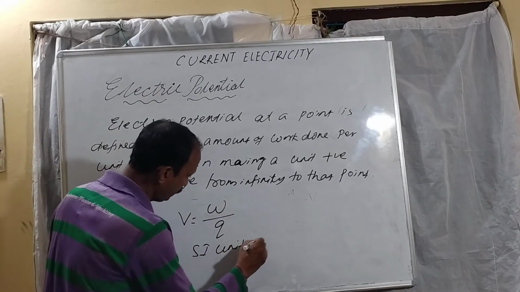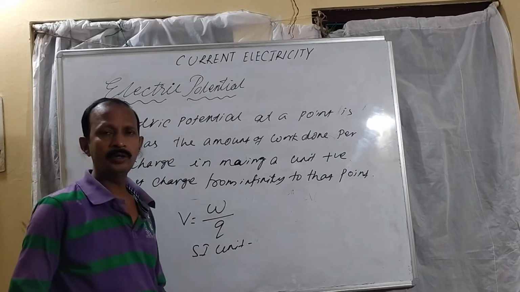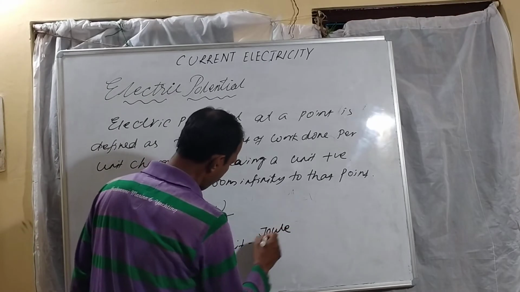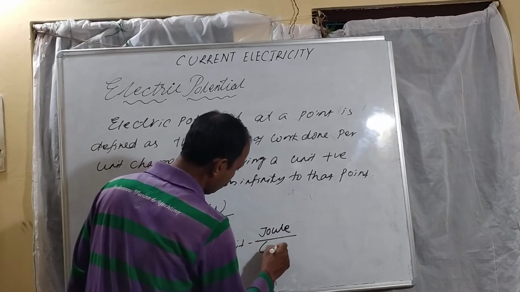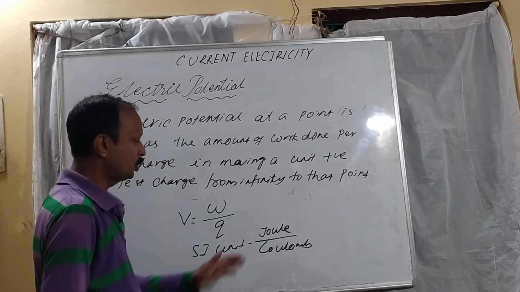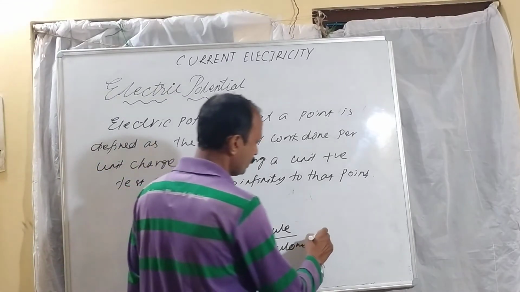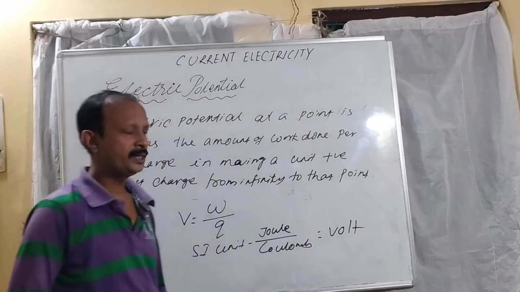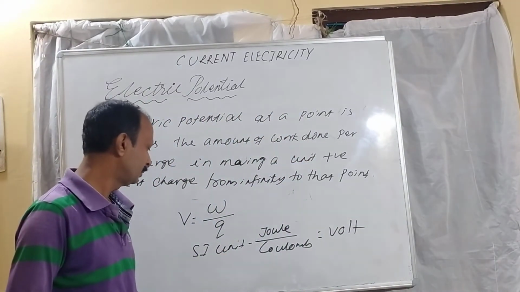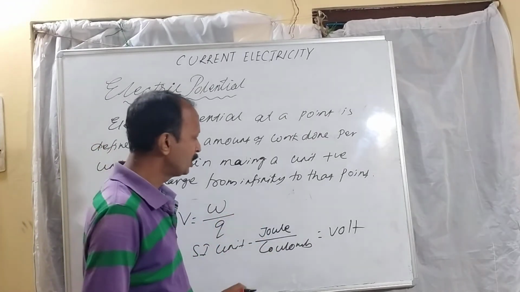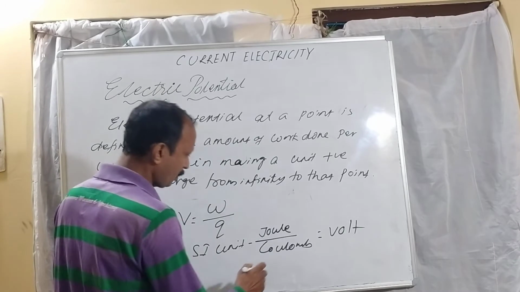You know the unit of work is joule. Unit of charge is coulomb. So SI unit is joule per coulomb, or we say volt. So volt is the SI unit of electric potential.